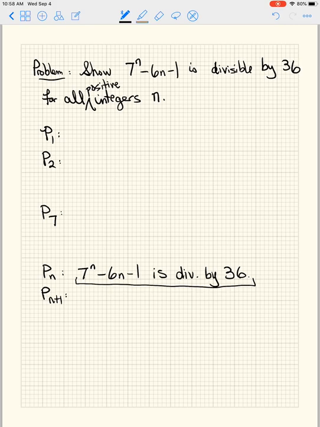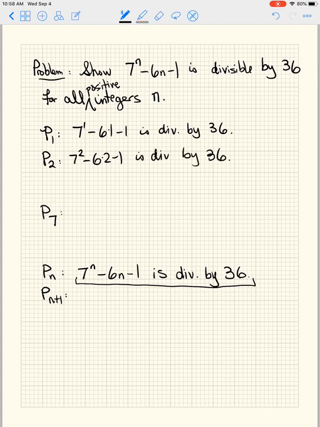And so now we can go through some other ones. P1 would say that 7 to the 1 minus 6 times 1 minus 1 is divisible by 36. P2 would say that 7 squared minus 6 times 2 minus 1 is divisible by 36.